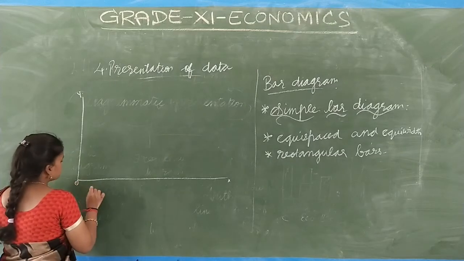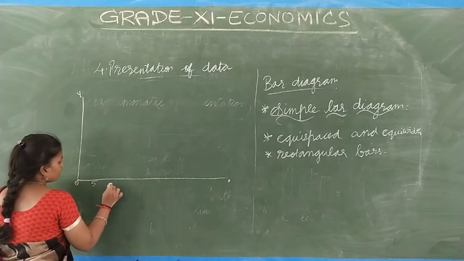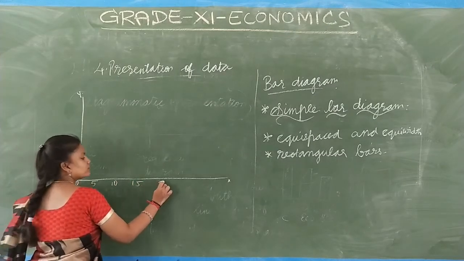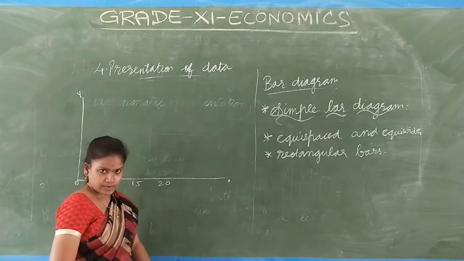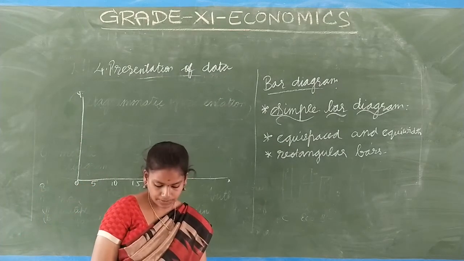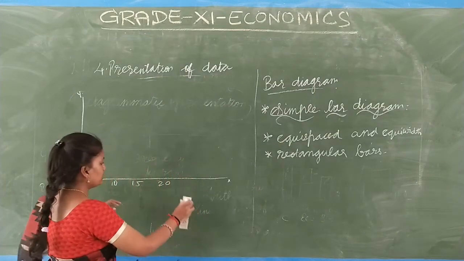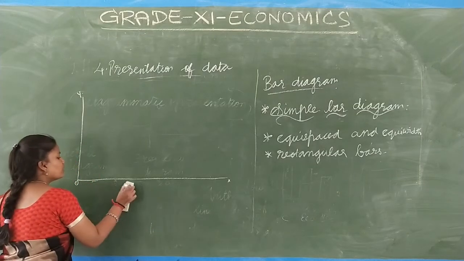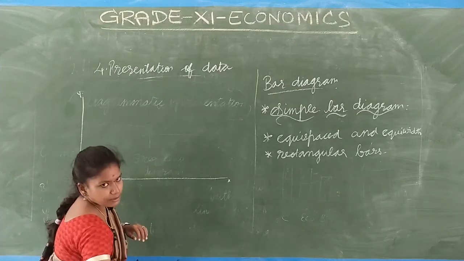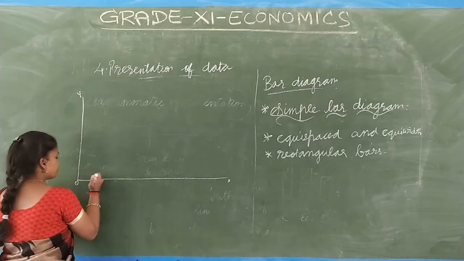So I am going to have 0, 5, 10, 15, 20 or something like that, values at the bottom. On this side, instead of values, I'm going to have my subjects.